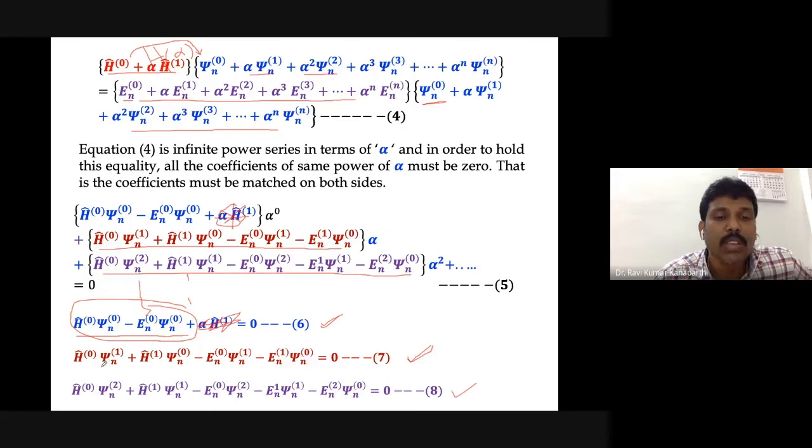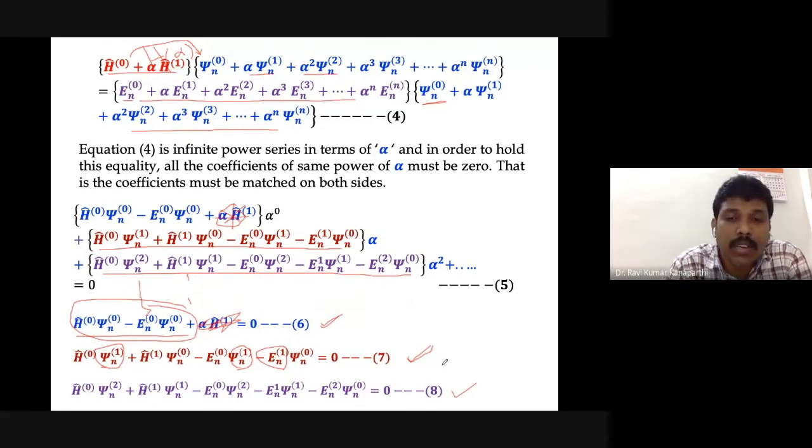Why? Because here you can see psi 1, and similarly we have En1. En1 is the first order correction to the energy. Similarly, psi 1 is the first order correction to the wave function.